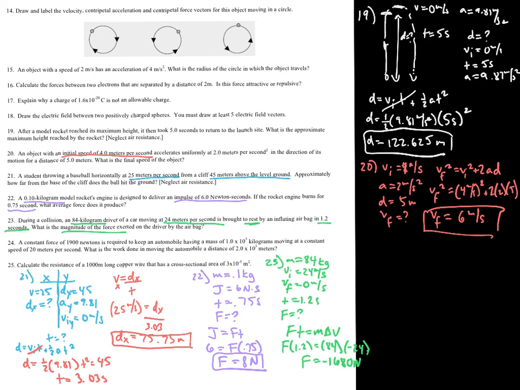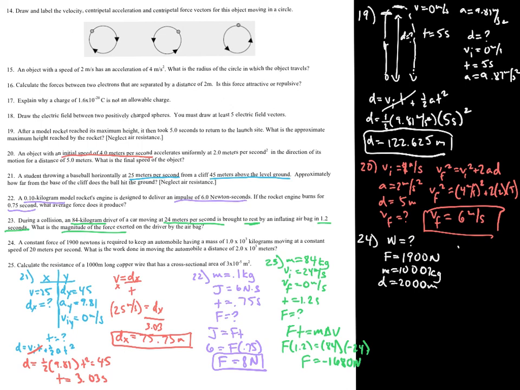Number 24: a constant force of 1900 newtons is required to keep an automobile having a mass of 1,000 kilograms moving at a constant speed of 20 meters per second. What is the work done in moving the automobile a distance of 2,000 meters? That's too many words for something that's so simple, honestly. So we're looking for work. They gave us the force, 1900 newtons, the mass of 1,000 kilograms, and the distance of 2,000 meters.